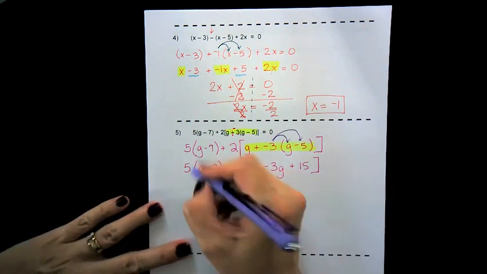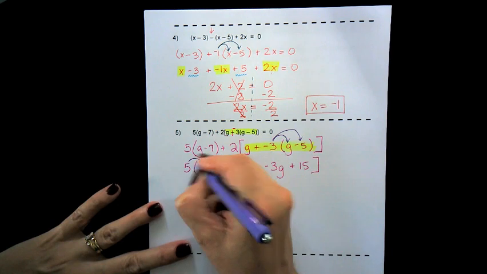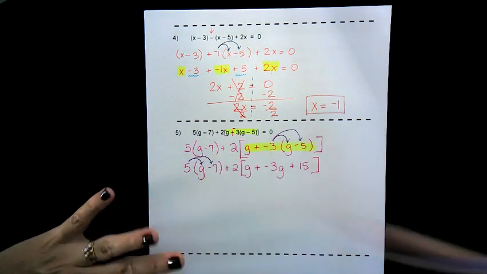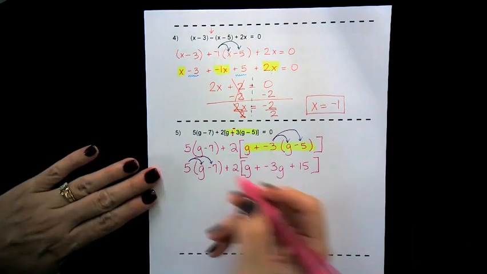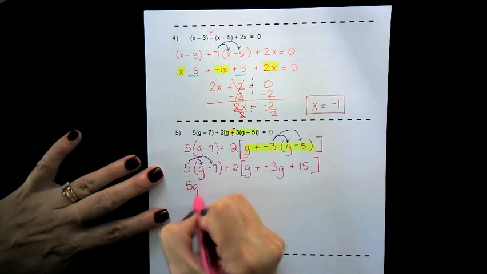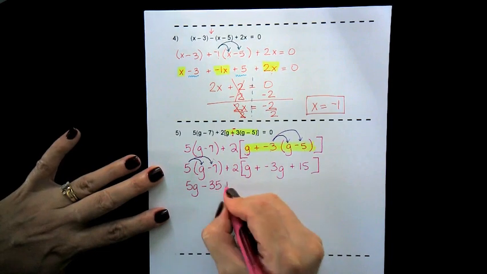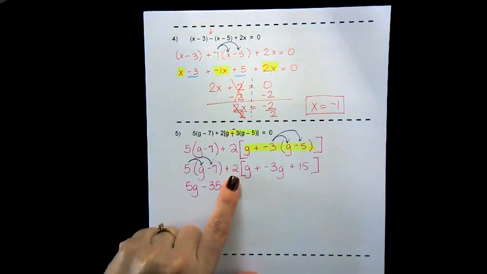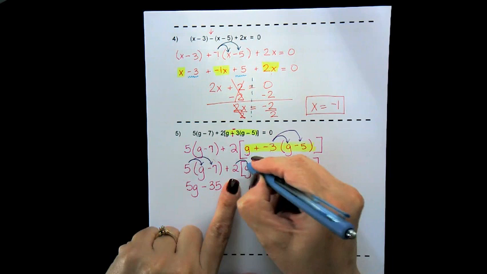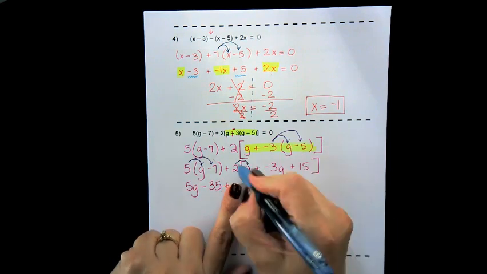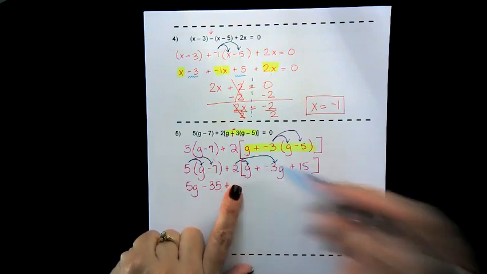So our next step is to do some more distributing. So we're going to distribute the 5. We're going to distribute the 7. So 5 times G, 5G. 5 times 7, 35. Okay. Now let's distribute the 2. I've got to distribute it to the G. Then I distribute the 2 to the negative 3G.